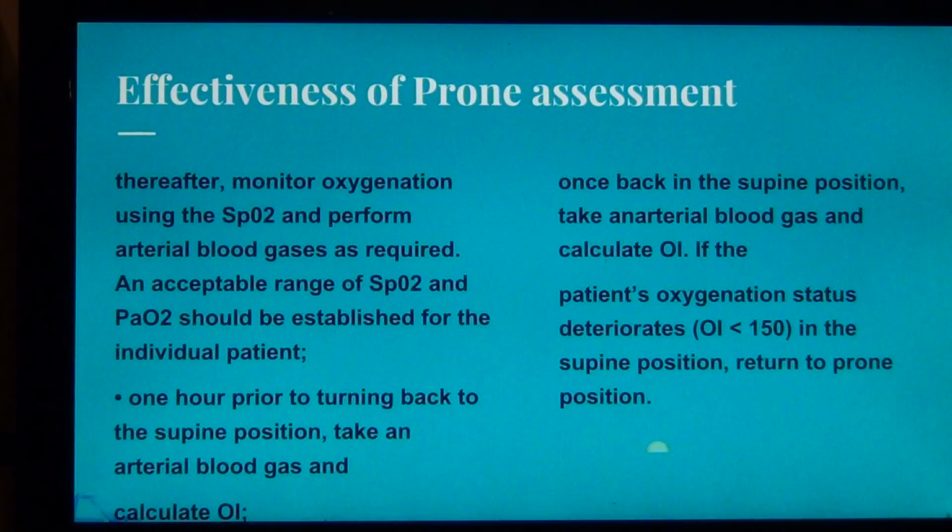An acceptable range of SpO2 and PaO2 should be established for the individual patient. 1 hour prior to turning back to supine position, take an arterial blood gas and calculate the oxygen index. Once back in the supine position, take an arterial blood gas and calculate the oxygen index. If the patient's oxygen status deteriorates to less than 150 in the supine position, return the patient back to prone.